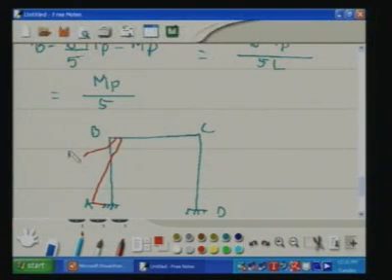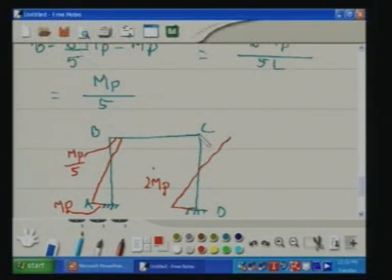This value is MP by 5, this is MP, and here the value in the middle is equal to twice MP, and here the value is MP, here the value is also MP. So, this will be our bending moment diagram.